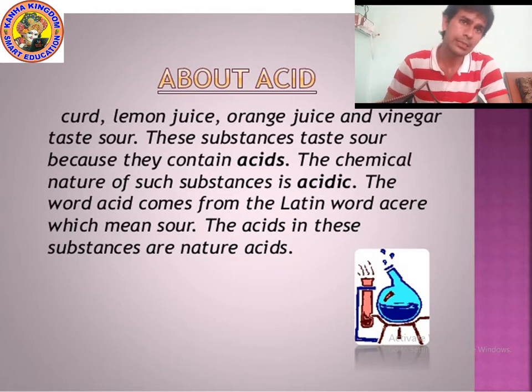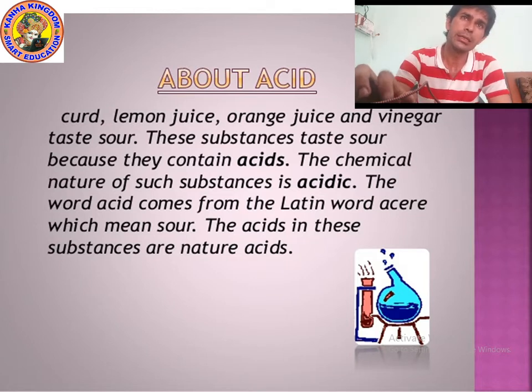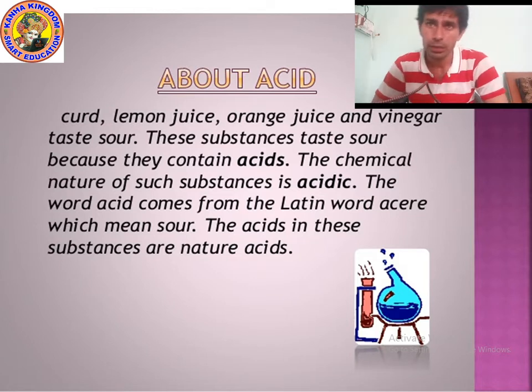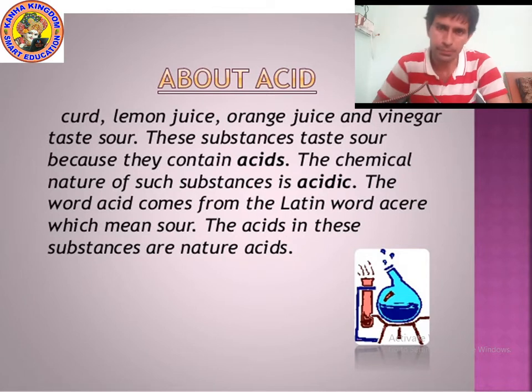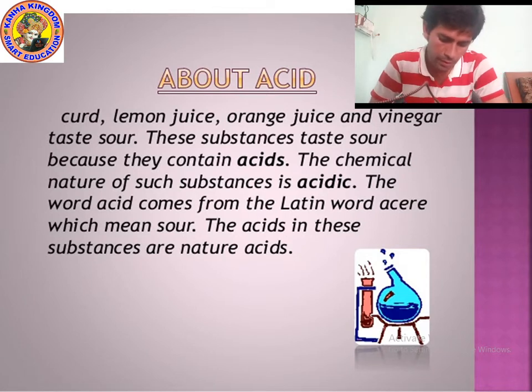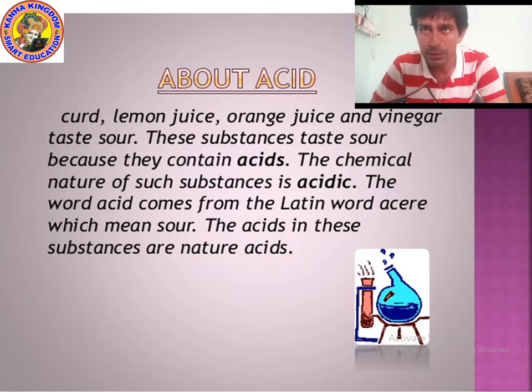Vinegar is acidic in nature. And apple juice is acidic in nature. Unripe mango is acidic in nature. Grapes are acidic in nature. Black tea is acidic in nature. Amla is acidic in nature. All these are acidic in nature. They are acidic in nature means they are sour in taste.